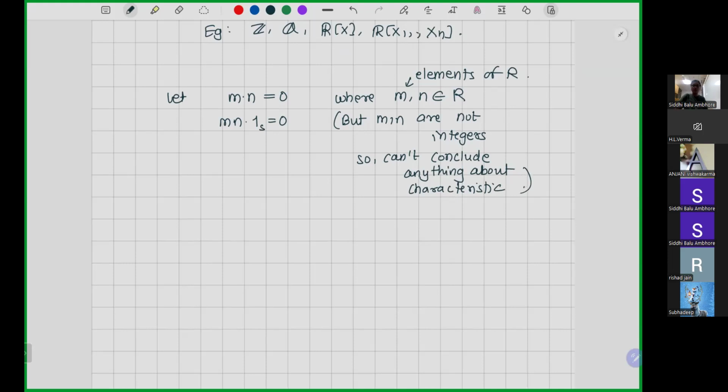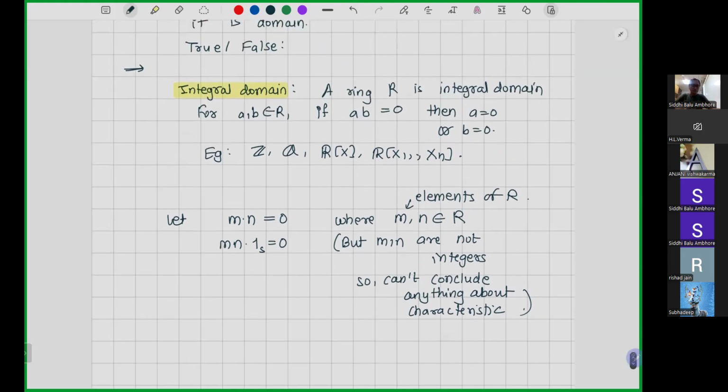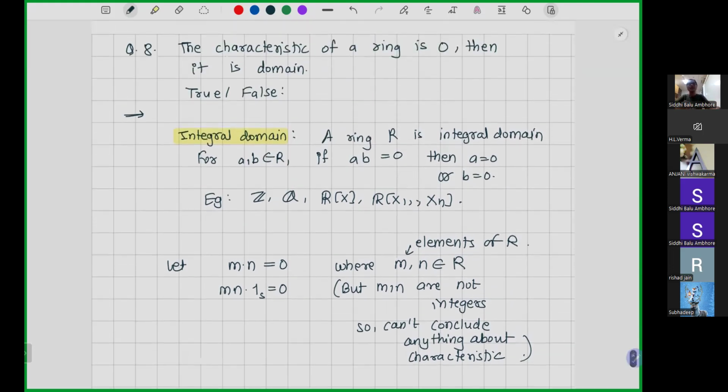And can you give me a counterexample, or at least anything which comes to your mind? Okay, forget about whether it is a domain or not. Can you give me rings which have characteristic 0 at least? Z, okay, Z has characteristic 0. So can you cook up some ring from Z where it is not a domain?